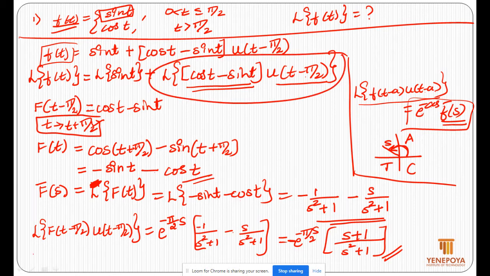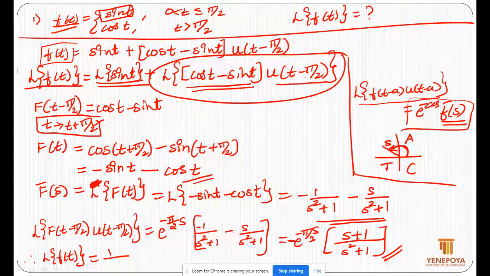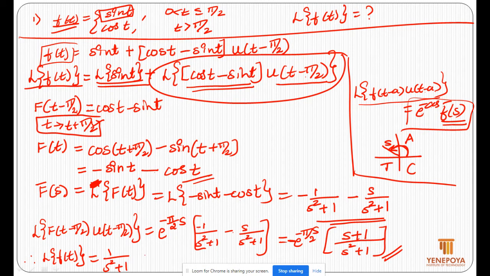Therefore the Laplace transform of f of t is the Laplace transform of sin t, that is 1 by s square plus 1, plus the answer for the second term, that is minus e power minus pi s by 2 into s plus 1 divided by s square plus 1.